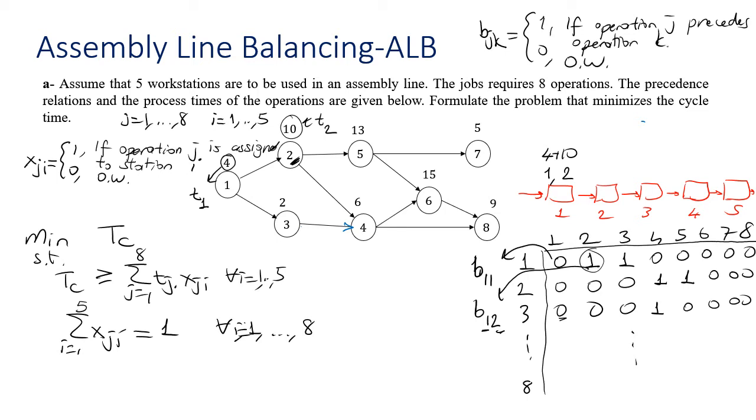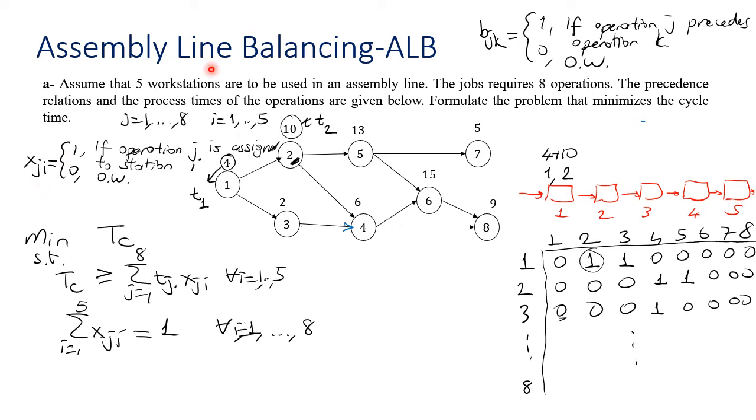So here b12 is equal to 1, b11 is equal to 0, and everything is written in this table. Now, don't be confused when I write this bjk in this way. Some of you may assume that this is a decision variable, like xji and bjk. The thing is, this is a parameter, this is a decision variable.